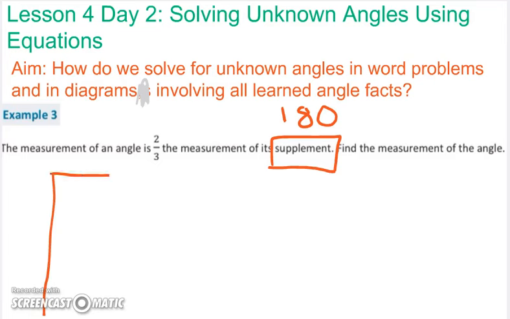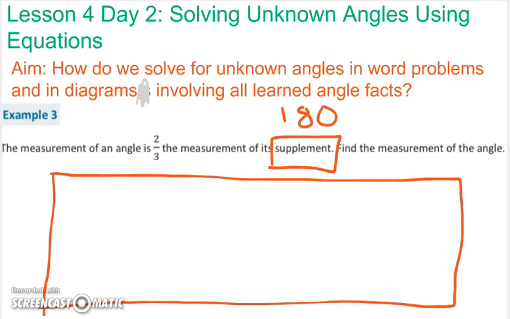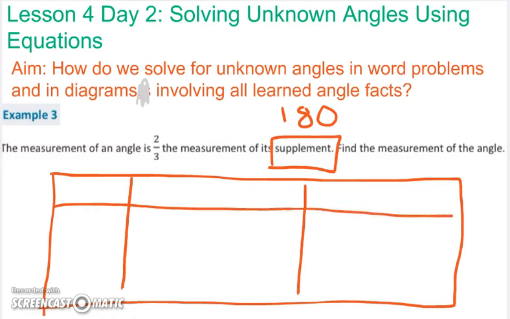I'll make a little table here. I need 3 columns. So we'll call this the guess column.